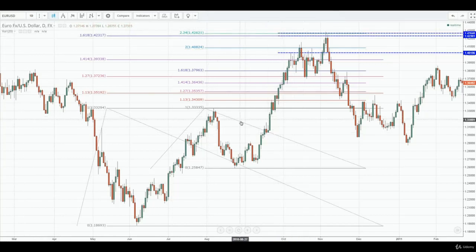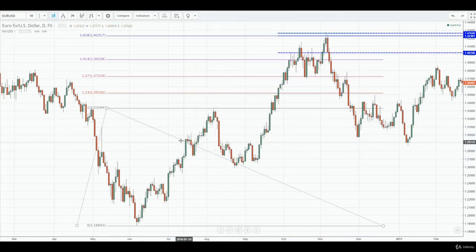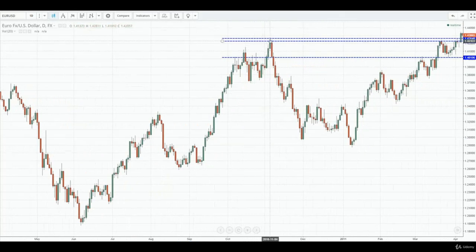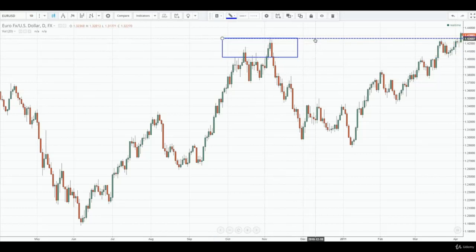and I can now take the projections off, and you could see that we actually went up here and just kissed off this area, and I guess I can put a little bit of a box around it so you can see it a little bit better. So anything in this area we are looking to trade. I'll erase those lines.